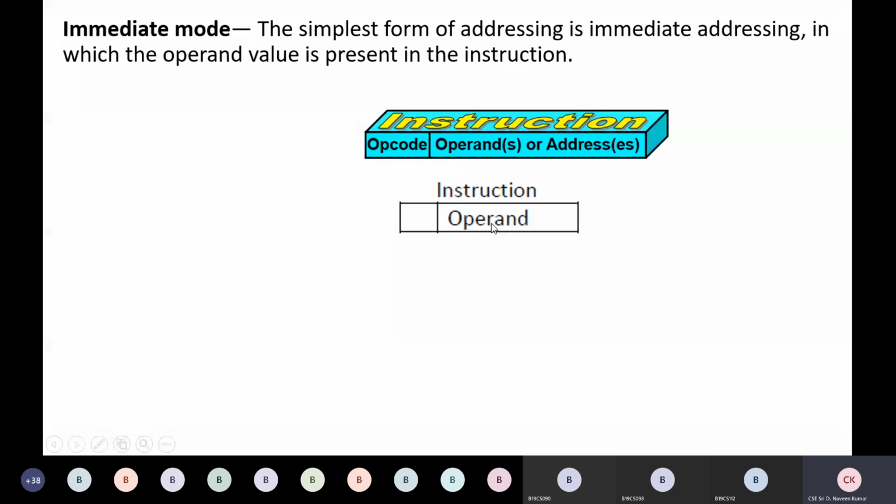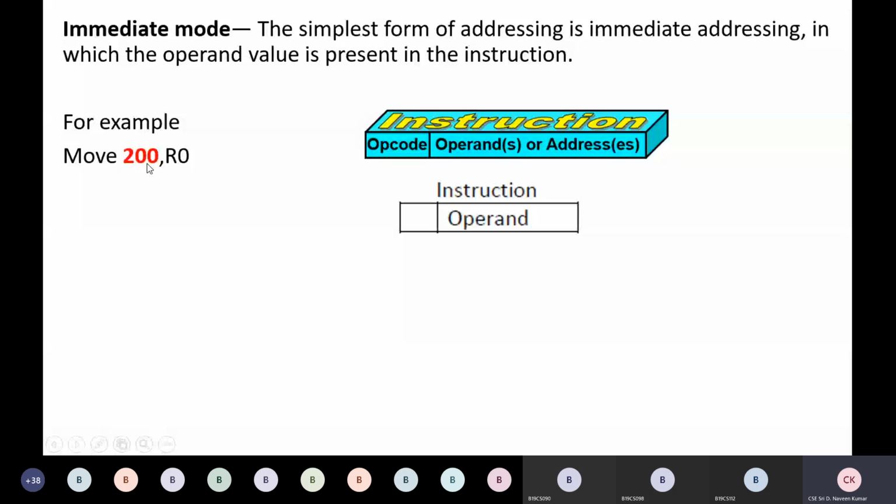Within the example you will get the clarity. The 200 in red is following immediate addressing mode. Here, instead of an operand like LOC, A or B, we are directly giving the value 200, the variable's value.